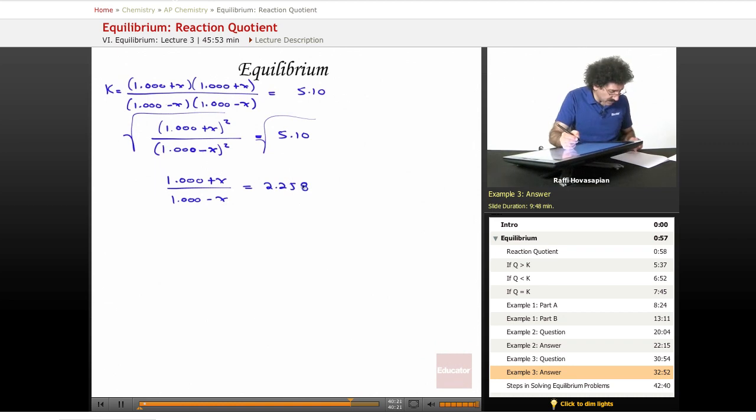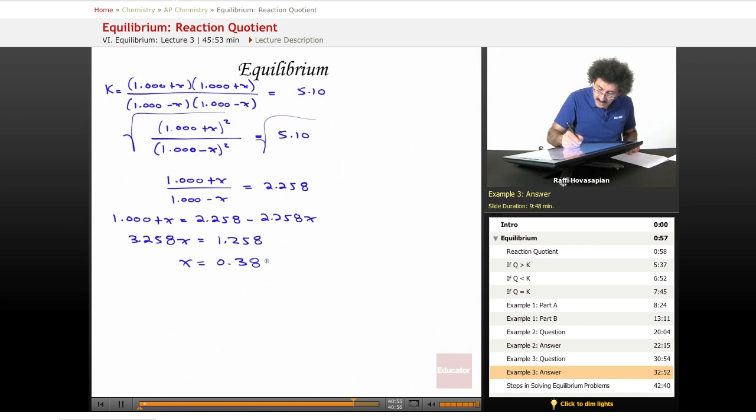Then we multiply through to get 1.000 plus X equals 2.258 minus 2.258 times X. I'm hoping to God that I'm doing my math right here. So we end up with 3.258 X equals 1.258, and X is equal to 0.386 molar.